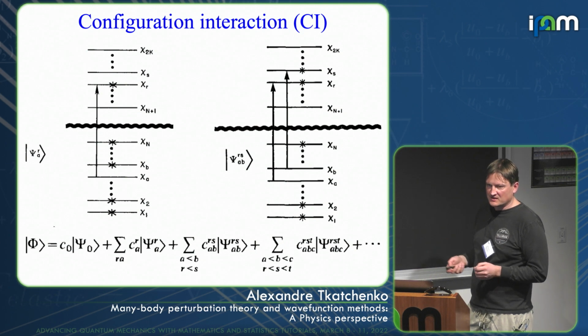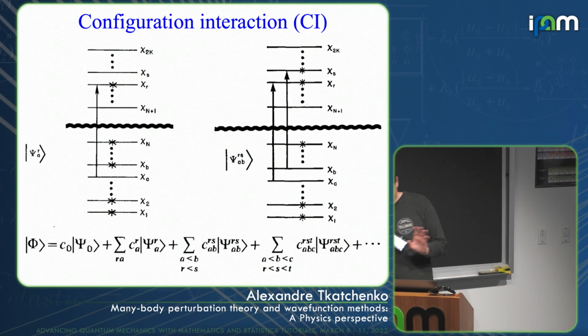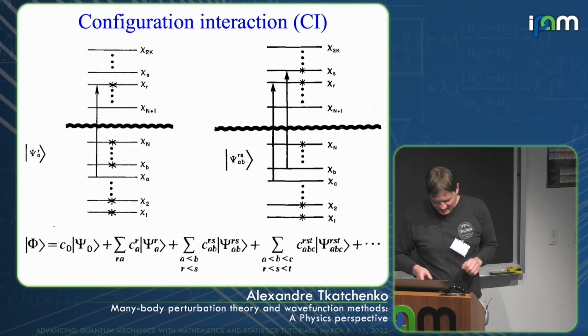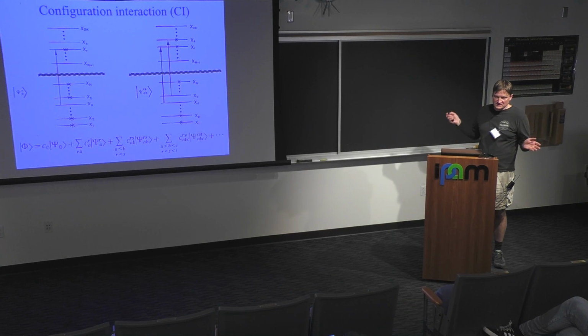Now, of course, it's easy to say this, but it's much harder to do because it's a very large linear system, which is not really solvable in practice, and it has a lot of other practical issues. But in principle, in a full basis, you would get the exact solution for the many electron wave function. So that's what is called configuration interaction.